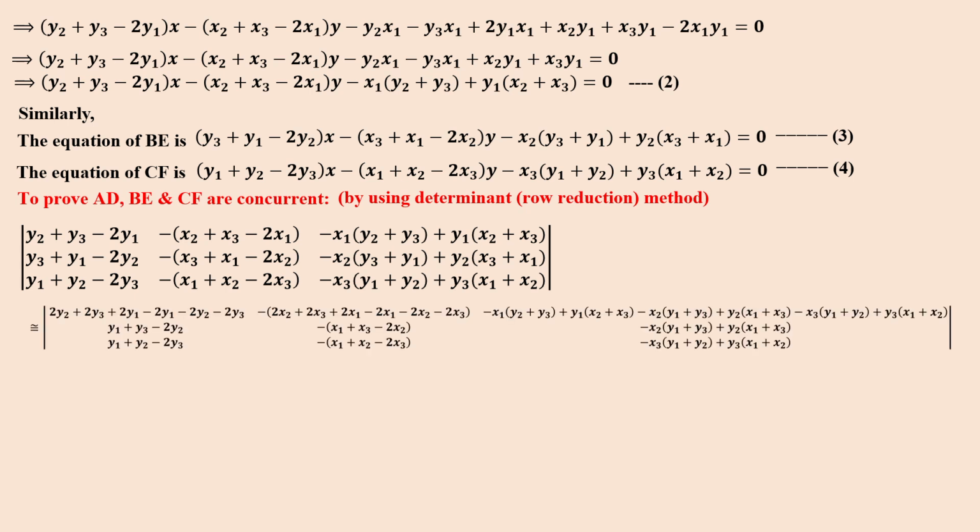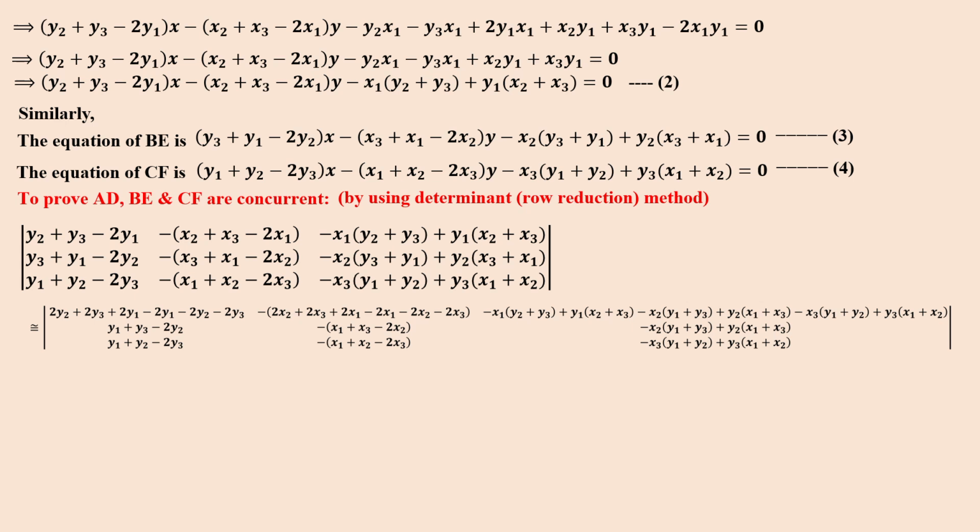So there are 2y2, 2y1 and 2y3, so 2y2 + 2y3 + 2y1. Then the negative terms, minus 2y1 minus 2y2 minus 2y3. So the total is 0. Similarly, in the first row second column, 2x2 + 2x3 + 2x1 minus 2x1 and so on, the same.